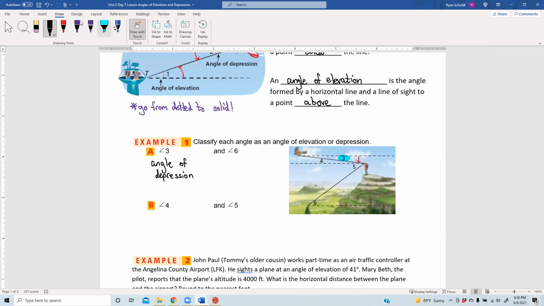And then we have angle 6. You go from dotted to solid. This one you're going up. Dotted to solid is going up, so this is an angle of elevation.